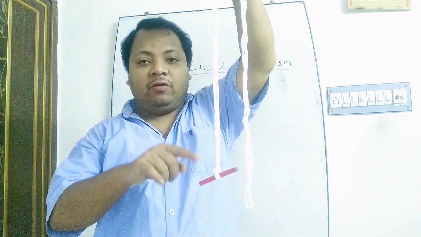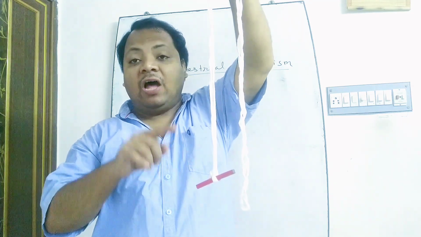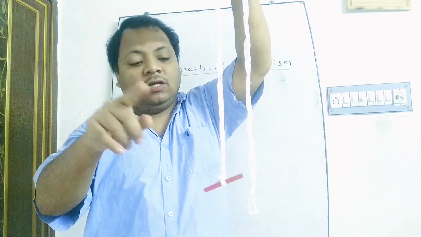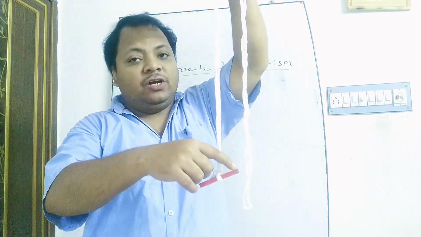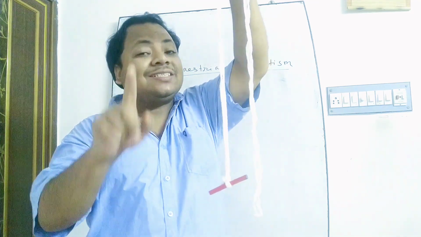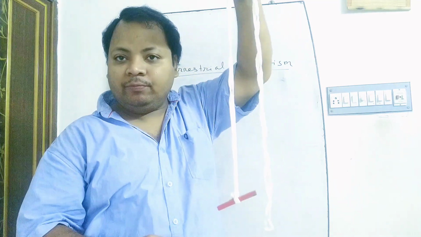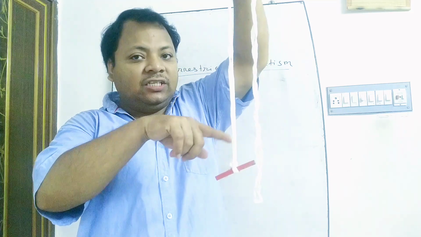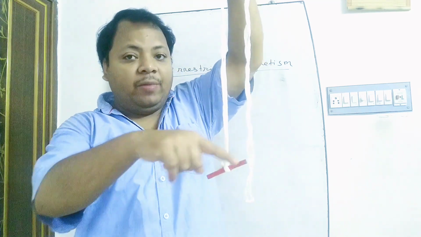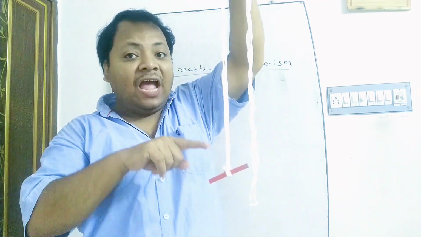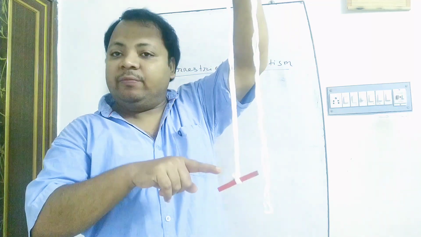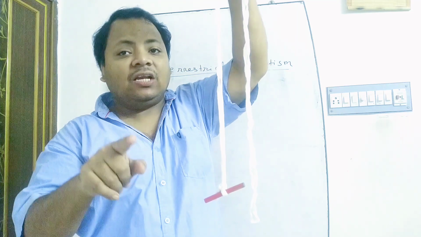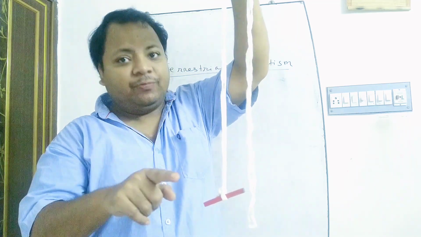That's why the N pole denotes the magnetic north pole of the earth and the S pole denotes the magnetic south pole of the earth. And you can see that the axis of the bar magnet makes some angle with the horizontal line. This is known as the angle of inclination or angle of dip.